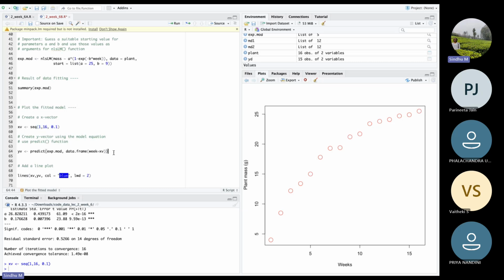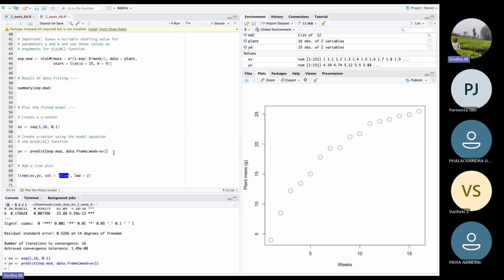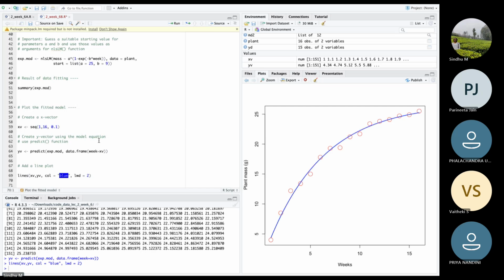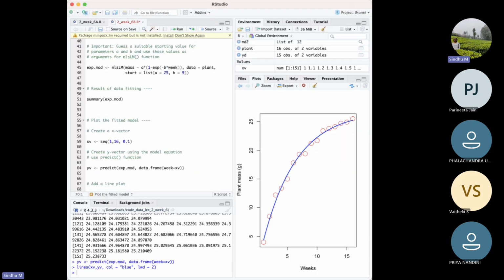For this, we can predict based on our model. So if you want, we can check what is there. After the prediction, we can also plot it. So this is the final plot of the fitted function. This was what was discussed in lecture 2 of week 6.